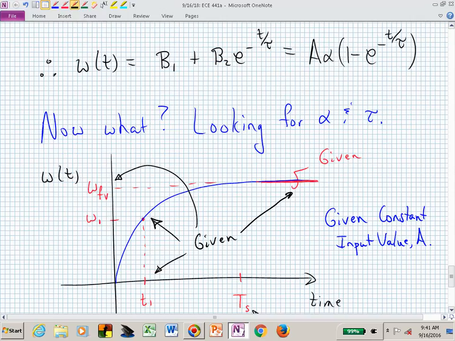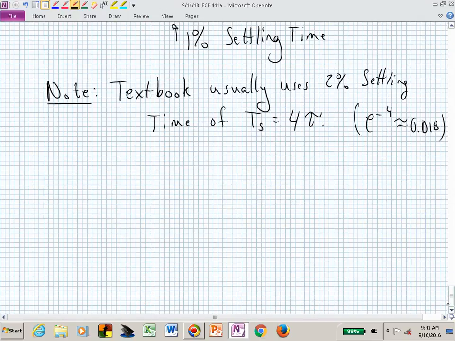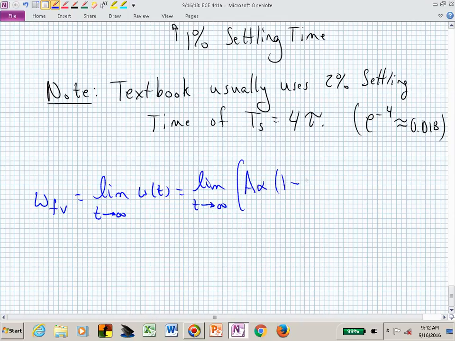Yes, you're seniors and graduate students. You can let t go to infinity, can't we? So if we do that, we will find omega final value. That's now the limit as t goes to infinity of omega t, but that's the limit as t goes to infinity of that expression, A alpha times 1 minus e to the minus t over tau.